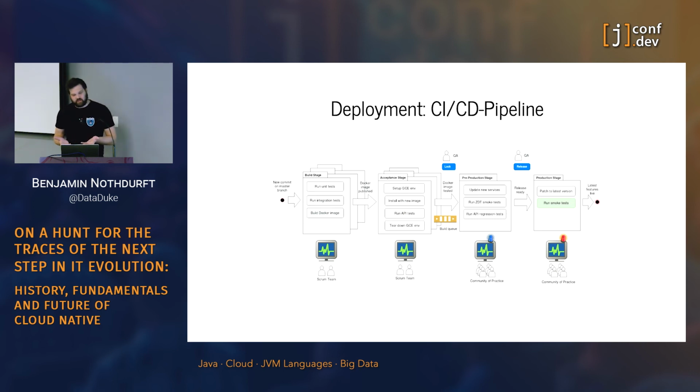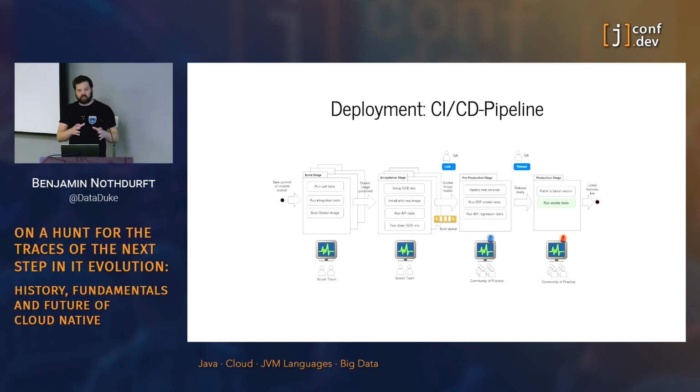And in this acceptance stage, we now have different tooling from cloud providers. For example, the Google Cloud Engine can spin up Kubernetes clusters instantly so that we can install all images from all the services that are connected to the system that is changed, and also deploy the system that is changed, and see the interaction between them.